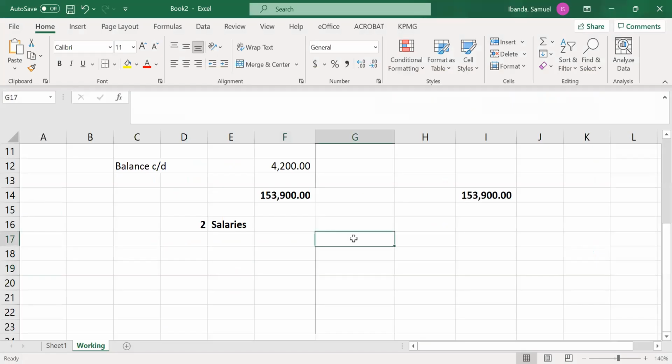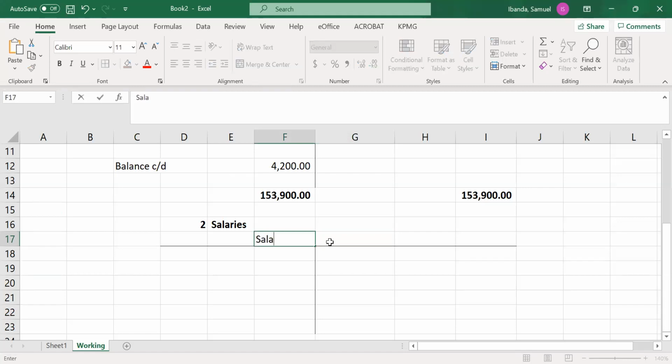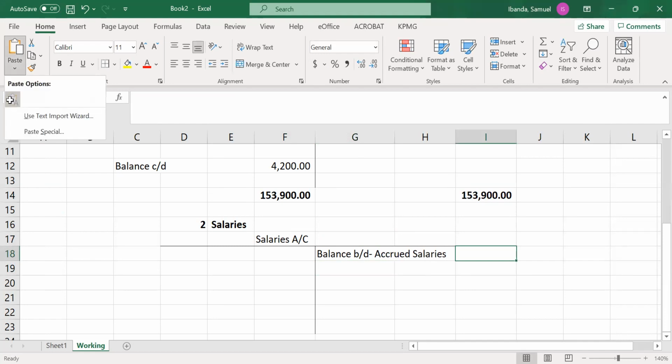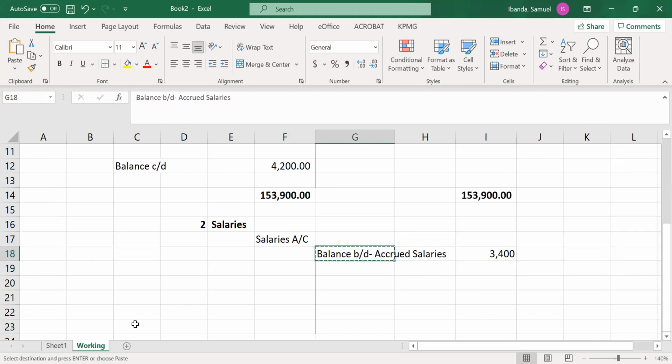So if this is my salaries account that I'm analyzing, the balance brought down for the accrued salaries will be on this side because it's a liability, which is basically 3,400. As the balance brought down is on this side, the balance carried down is on the opposite side.